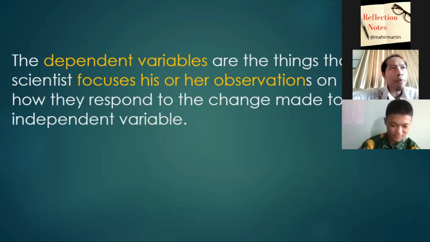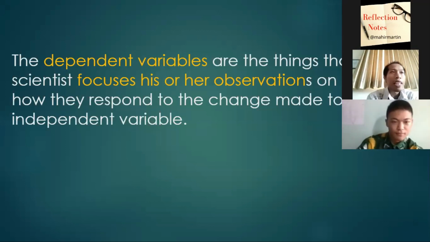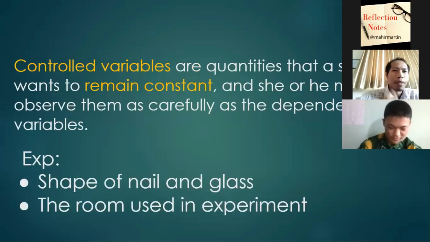What do you think the dependent variable of our experiment is? Corrosion. Rusting. Yes. Rusting, or the corrosion, is the dependent variable because I want to know whether the water is causing the corrosion or not. Good, very good. So rusting is the dependent variable.